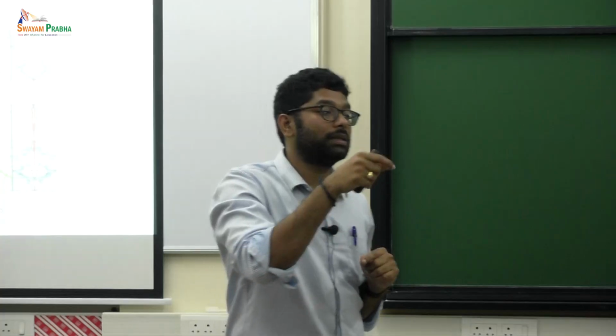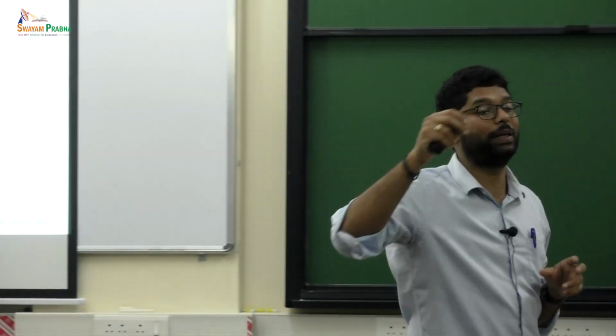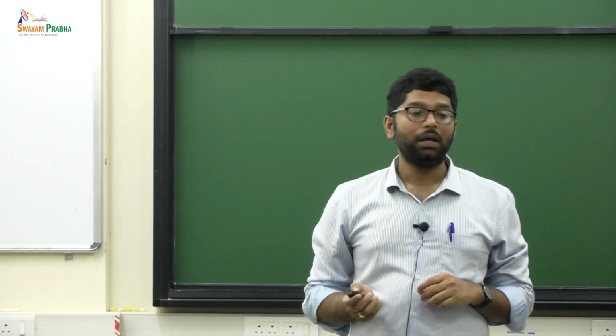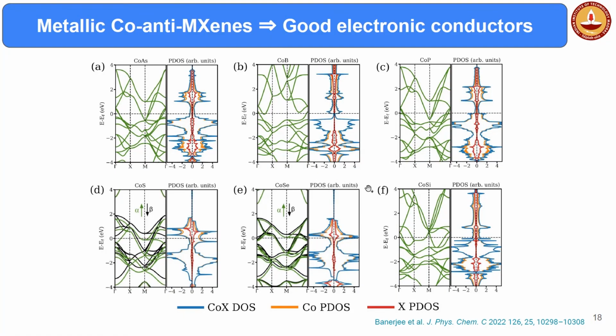Cobalt d orbitals are the places from which the electrons will be removed. So what we are learning from this is, first of all, these materials are metals, so they can be used as electrodes. And one more thing we are learning is that it is the cobalt that is giving the metallicity of this particular material.